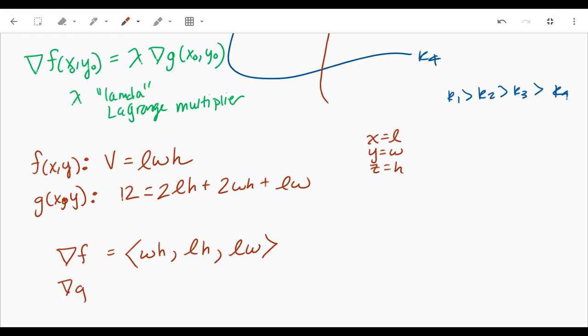The gradient of G is going to be 2H plus W. Oops, I don't know why I wrote L. I said H. And then 2H plus L. And then 2L plus 2W. Okay.